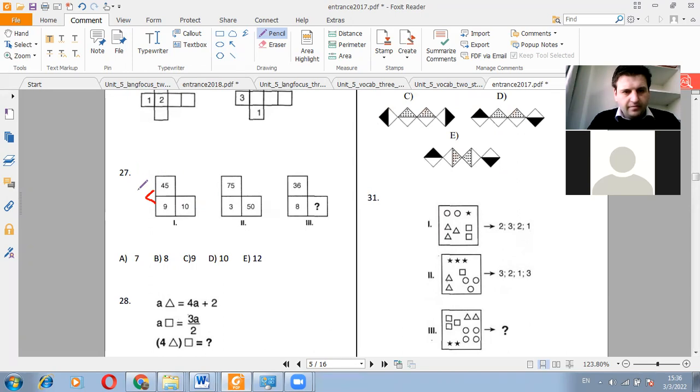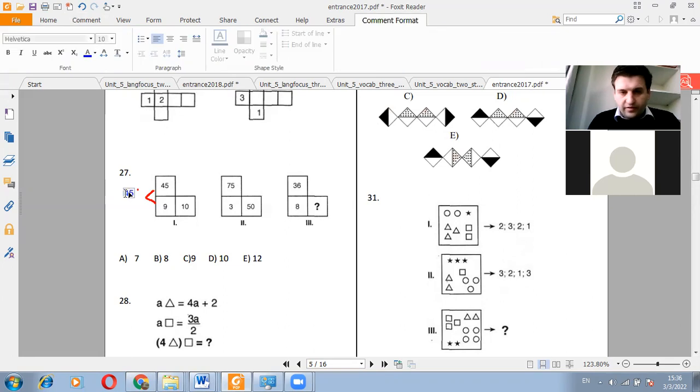If you divide 45 by 9, you get 5. And 5 times 2 equals 10. So here the key number is 2.